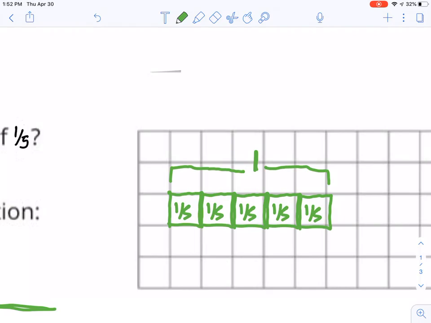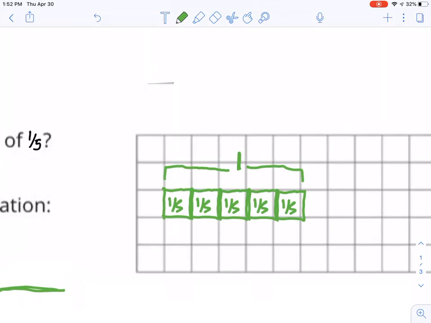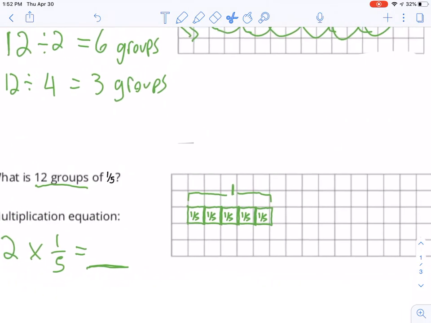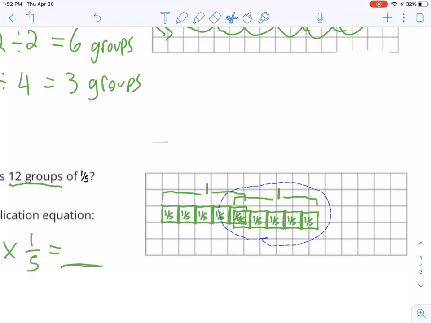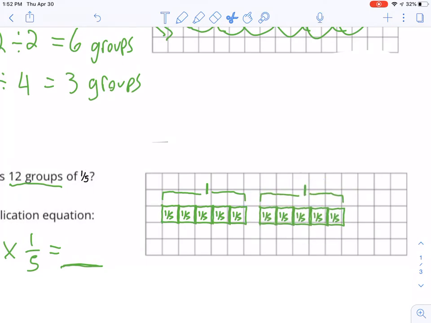We have 5/5, but how many do we need? We need 12 groups of 1/5, 12 groups. So let's go ahead and just copy this to save time. Copy, and let's paste it right here. Okay, now what do we have? 10/5, okay?